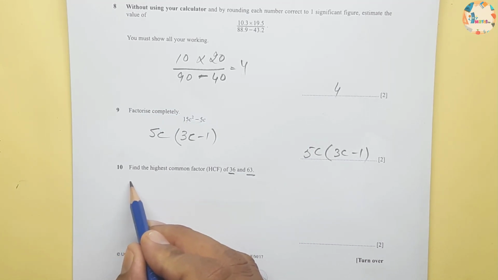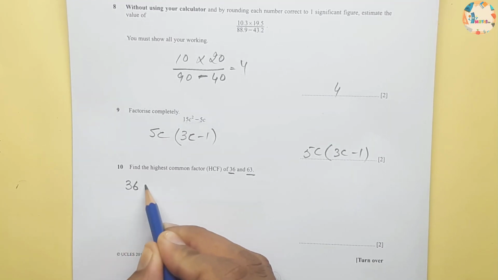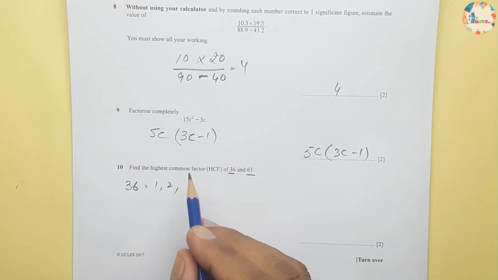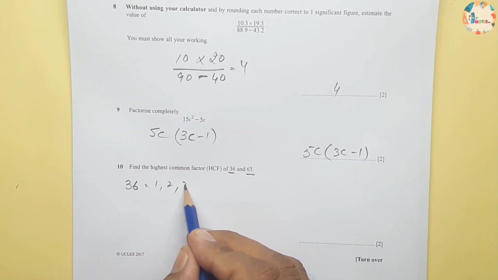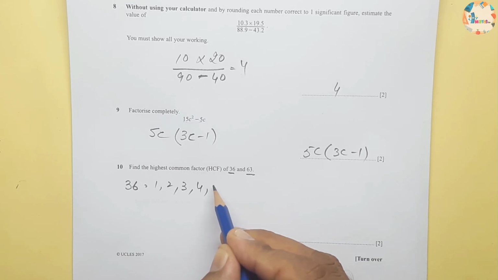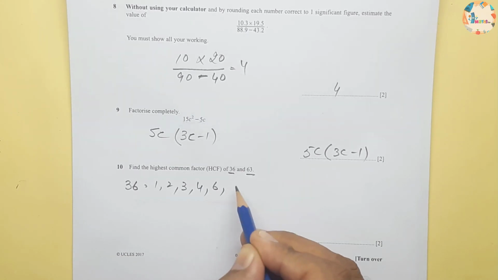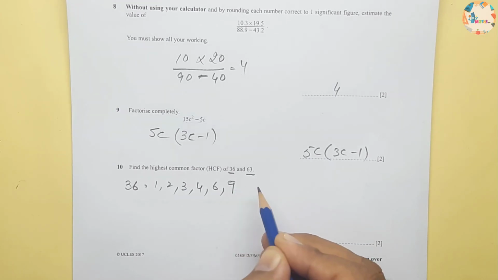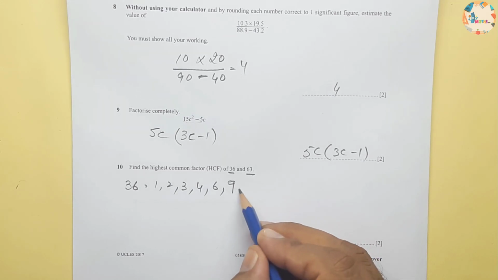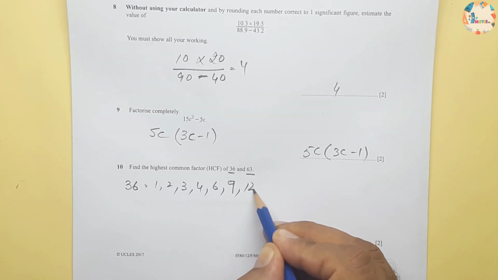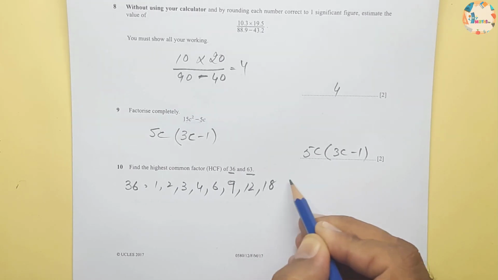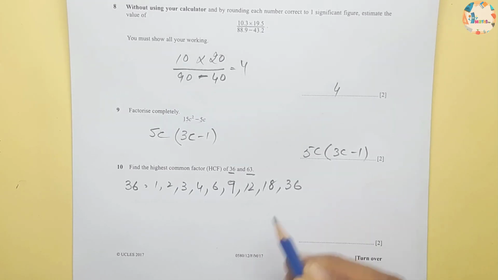We can write the factors of 36: 1 and 2, and then 3 also, 4, and then 6, 9, then next will be 12, and then 18, and the last one will be 36.